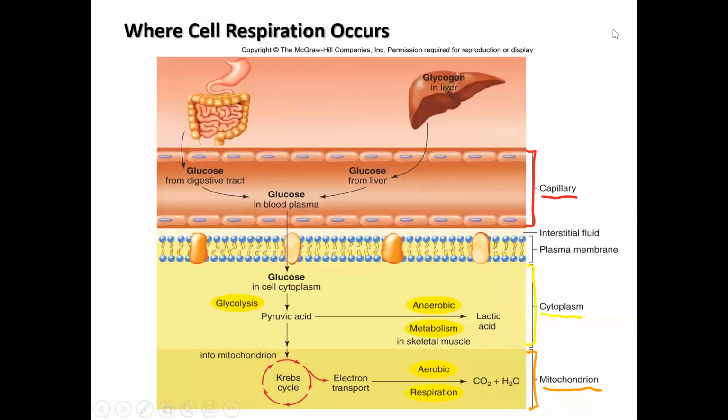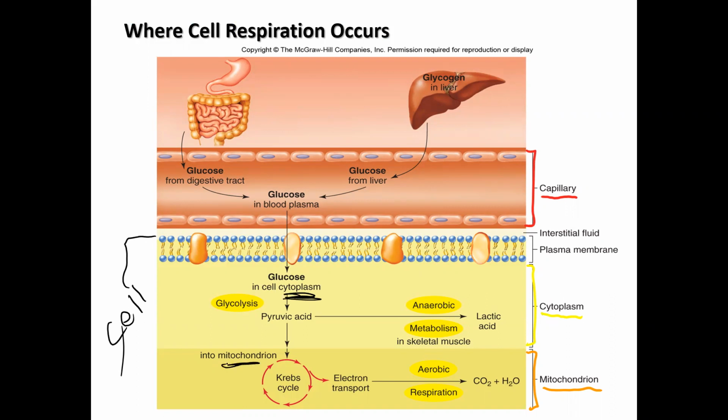So now all this is a concept where cell respiration occurs. This is glucose in your bloodstream. This is a blood capillary. So glucose is in your blood. This is a cell membrane. So this right here is a cell from here on down. This is the cell cytoplasm, which is the fluid component of your cells.